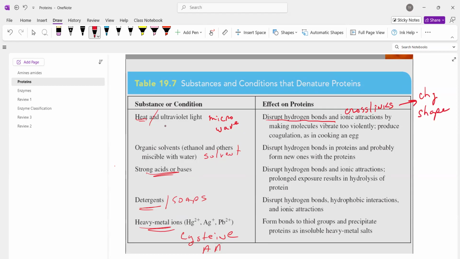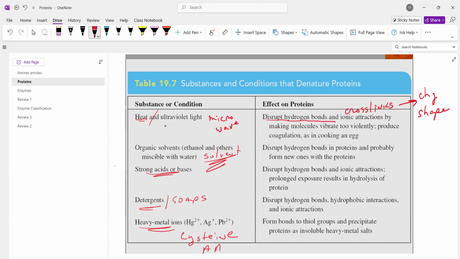We change the solvent. Now, if we're talking biochemically, the solvent's going to always be water. But if we get out of that environment, we have other solvents, then the cross-links will be affected by the solvent.